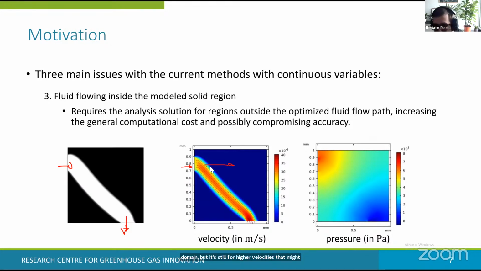The fluid might easily leak into the solid part, and we are still solving for the whole domain. As we're solving for the whole domain, we're increasing the computational cost, since we have to solve this large unnecessary domain, and we're still solving for the pressure here, which actually should not exist. So computational cost might be an issue here, and also accuracy.